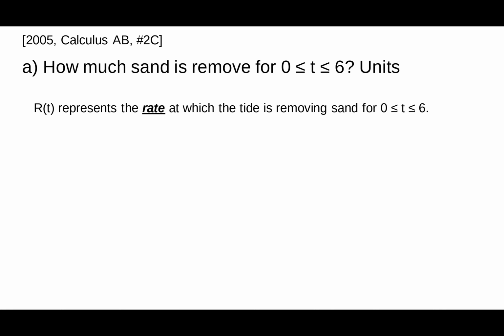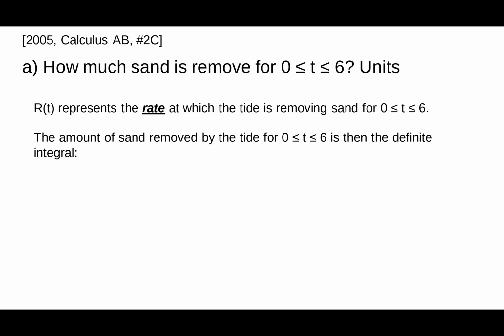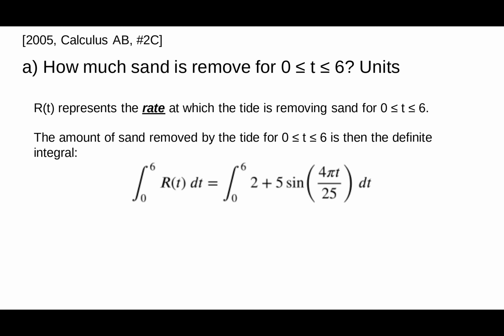So if R of t represents the rate at which sand is being removed, we just need to do the definite integral of R of t between 0 and 6. All right, so we have the integral from 0 to 6 of R of t dt. We can substitute in the actual function. It's 2 plus 5 times the sine of 4 pi t over 25.